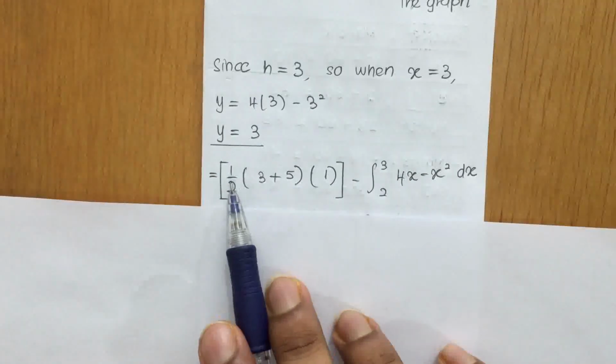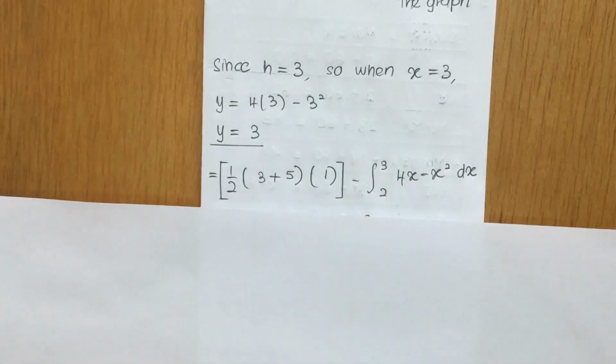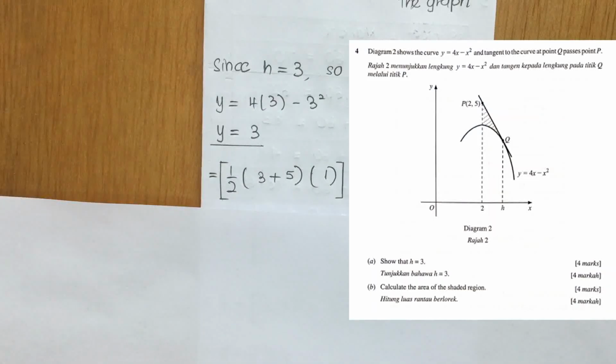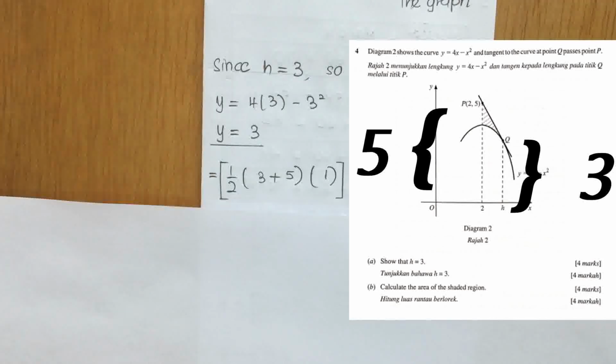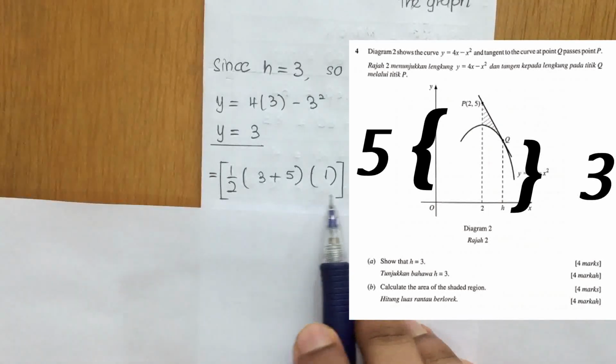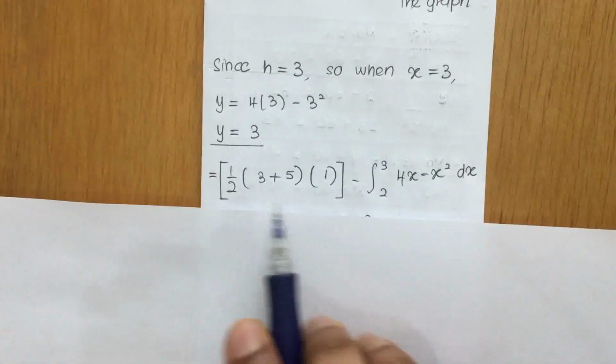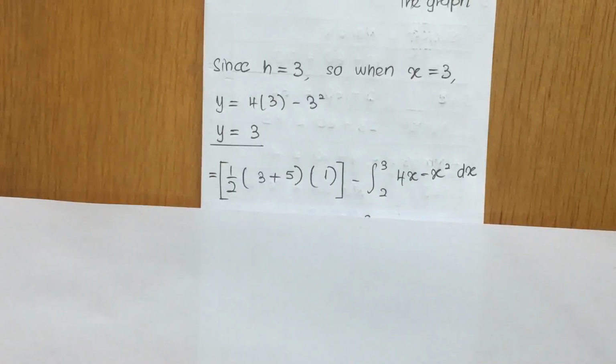So 1 over 2, you look at the question over here, you plus 3 and then plus 5. And how do you get this 1 over here? Since h is equal to 3, this 3 you minus 2. So 3 minus 2, that's how you get this 1. So this is the area of the trapezium.